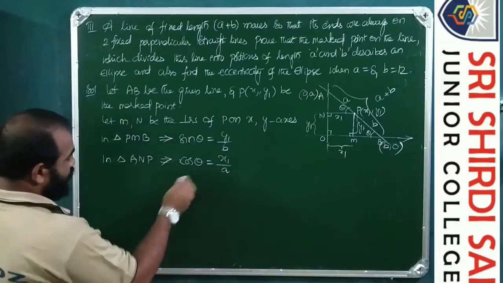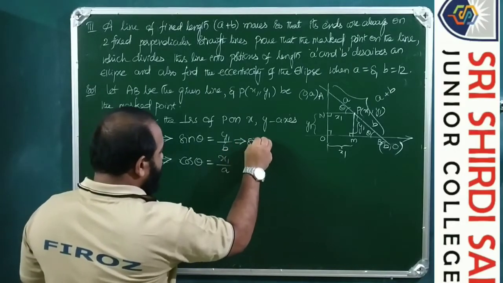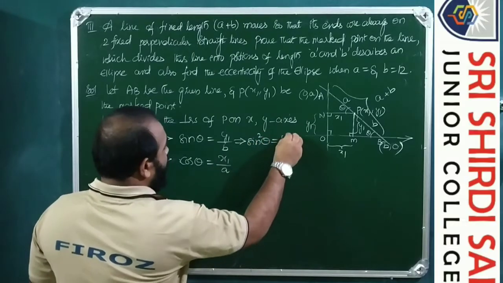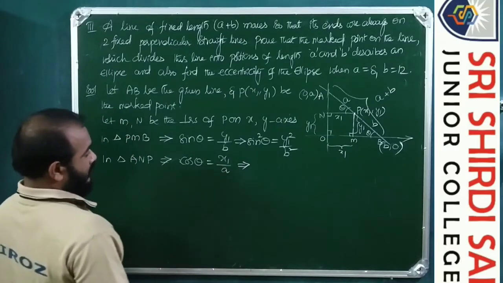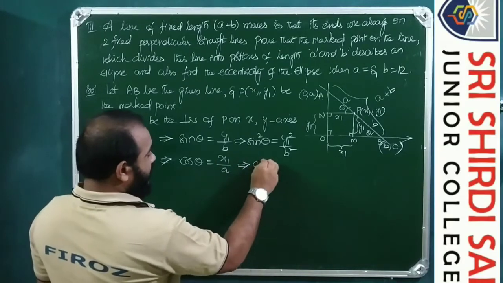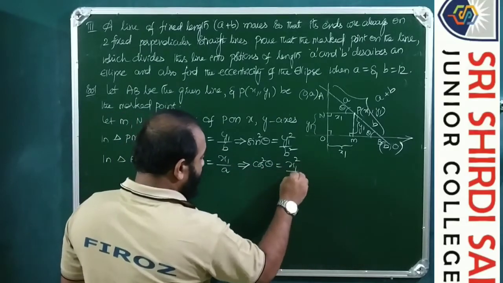So this is equals to, now from this sin square theta is y1 square by b square. Here cos square theta is equals to x1 square by a square.